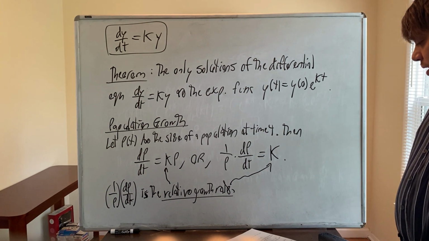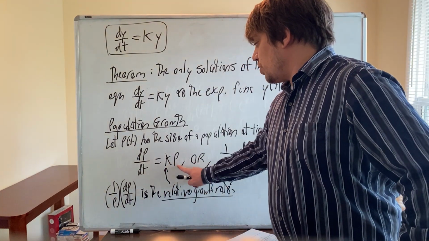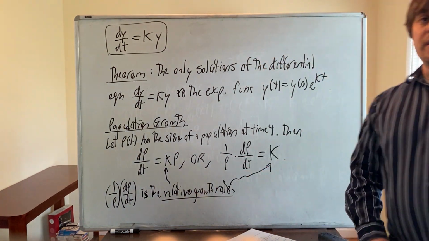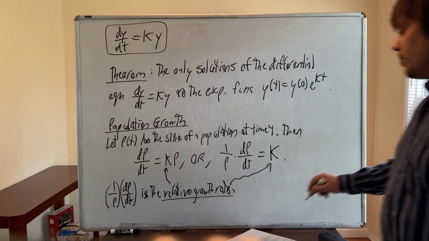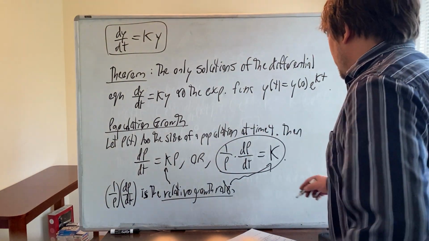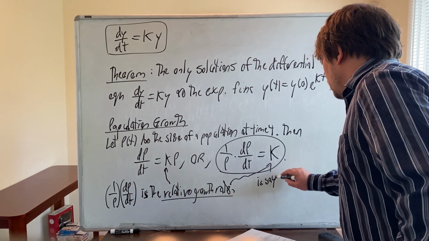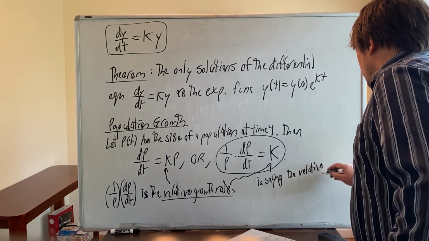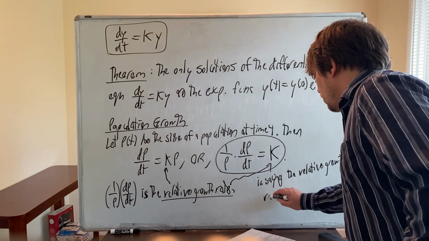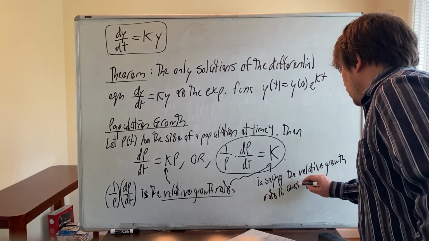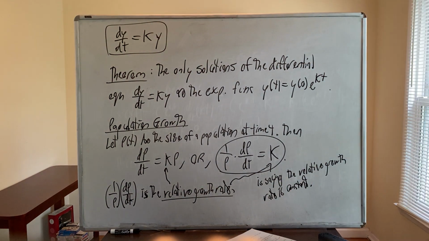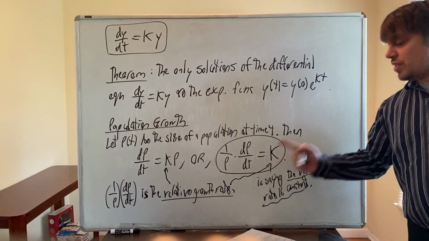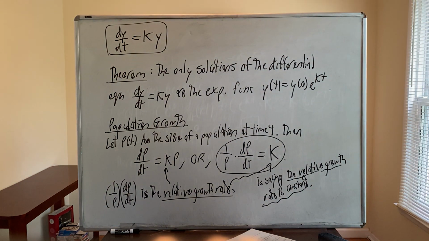Saying the growth rate is proportional to its size is equivalent to saying that the relative growth rate is constant. So this equation is saying the relative growth rate is constant.